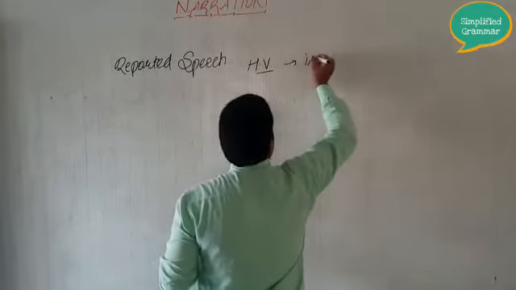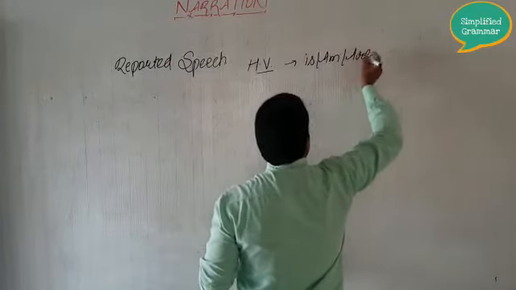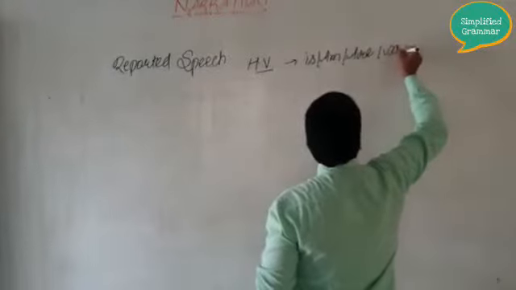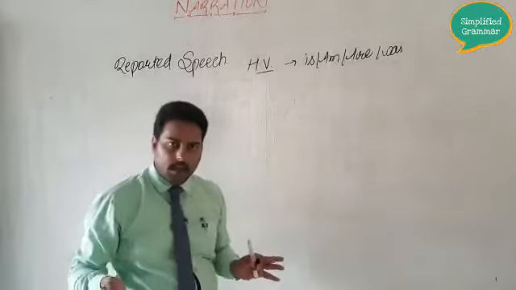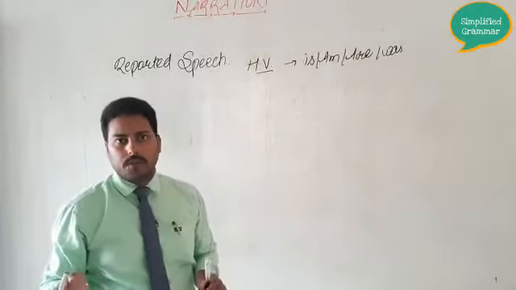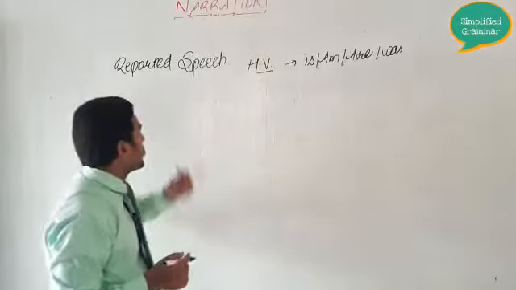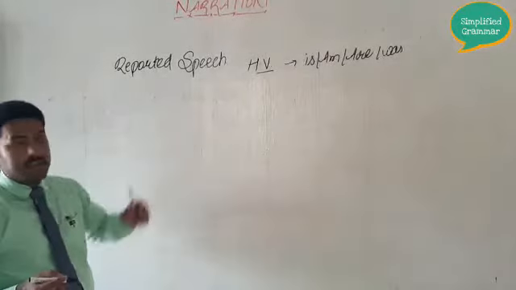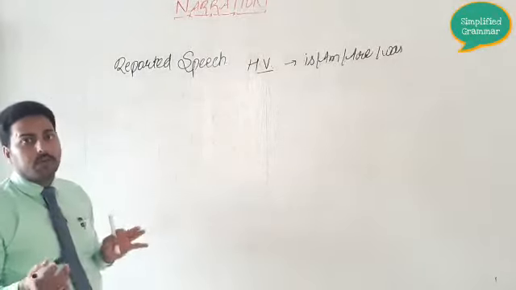Like is, am, are, then was, were, has, have, had, shall, will, should, would, may, might, all these helping verbs. If your reported speech begins with these helping verbs, what are the things that you need to follow?